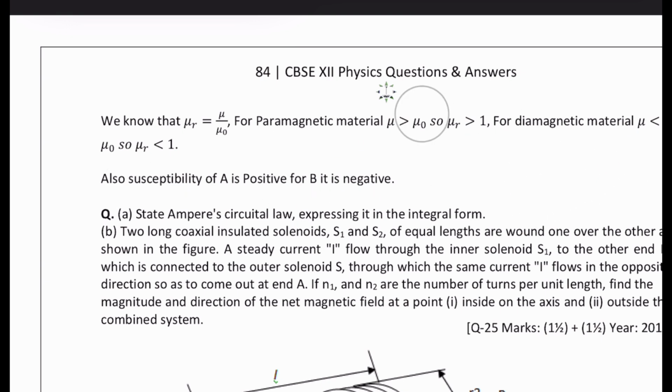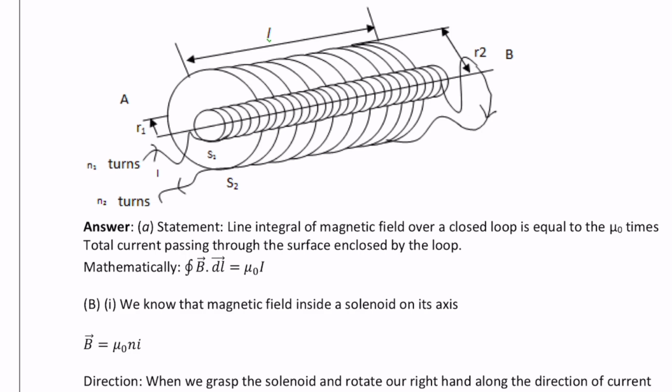Next question. State Ampere's circuital law, expressing it in the integral form. Ampere's circuital law is very simple. The line integral of the magnetic field over a closed loop is equal to mu 0 times the total current flowing. B is the magnetic field, dl is the length element, and over the entire loop it is the line integral, so B dot dl equals mu 0 times the current flowing, correct?